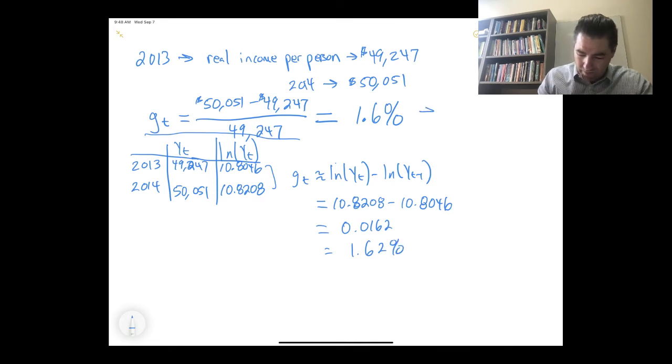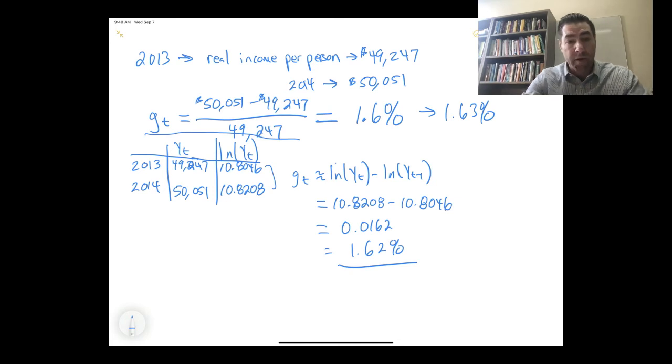I think up here this is 1.63%, the actual. Here's our approximation, a very good fit. Notice, if you just eyeball them, you're going to say the growth rate is somewhere around 1.5% when I just subtract them quickly. So that's a handy trick.